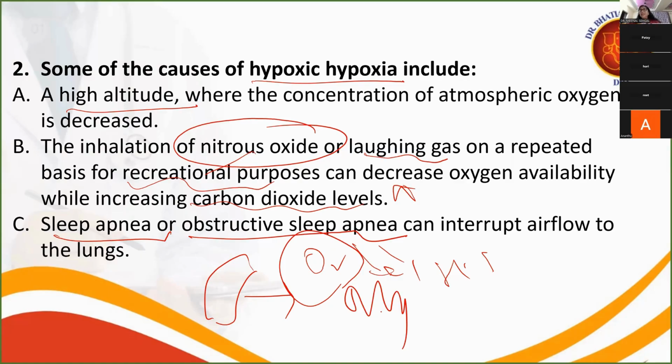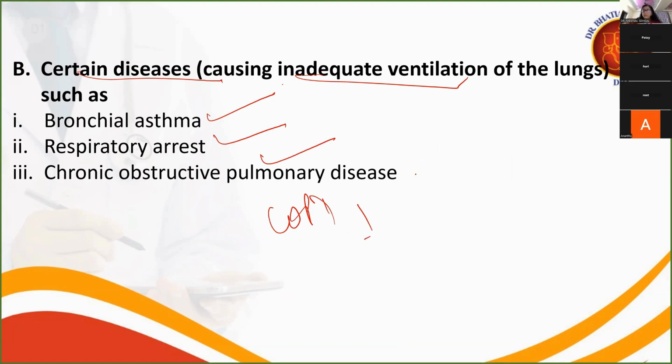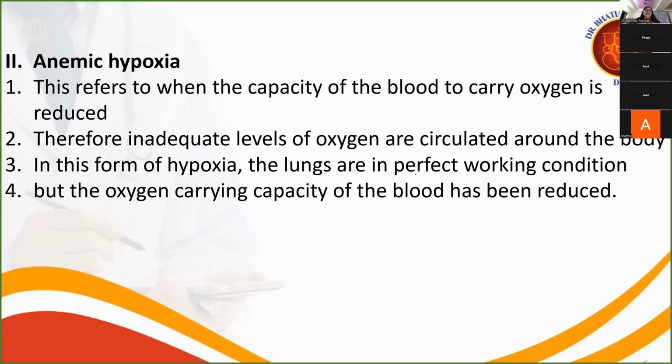The thick tongue falls back during sleep, or for some other reasons the patient is not able to breathe during sleep, and there are sudden apneas, and that causes hypoxemia. Then certain diseases cause inadequate ventilation, like bronchial asthma, respiratory arrest, or conditions like COPD. Again there is hypoxemia because there is a lung defect and the patient is not able to breathe.